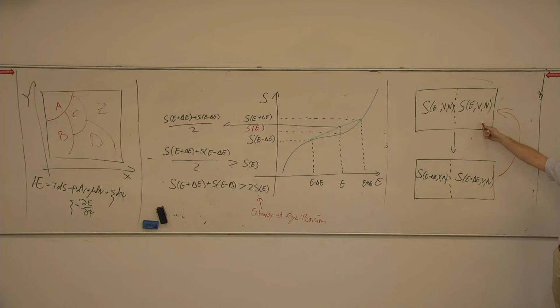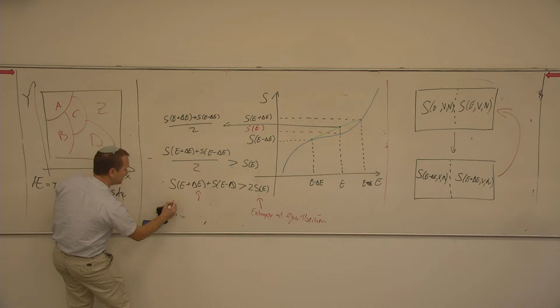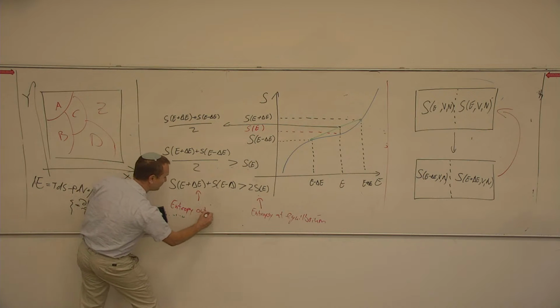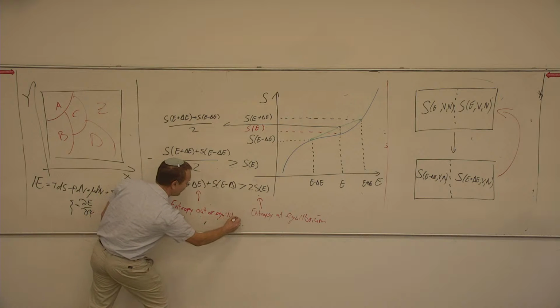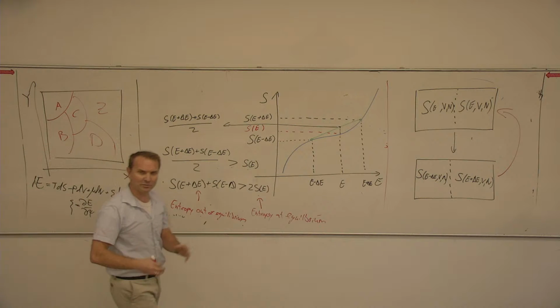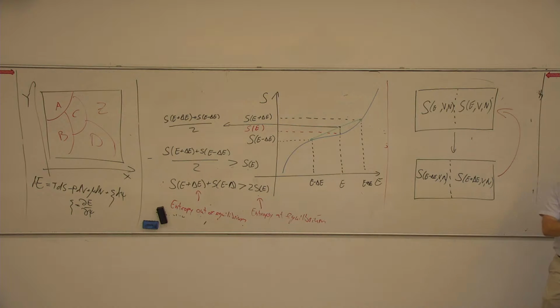So this is the entropy at equilibrium. This guy is the entropy out of equilibrium. And we're saying the following thing. We do something to the system, and it has to go back. Why?